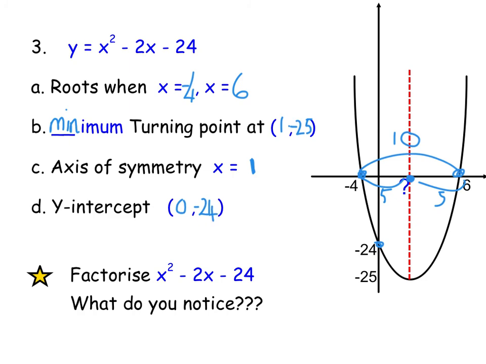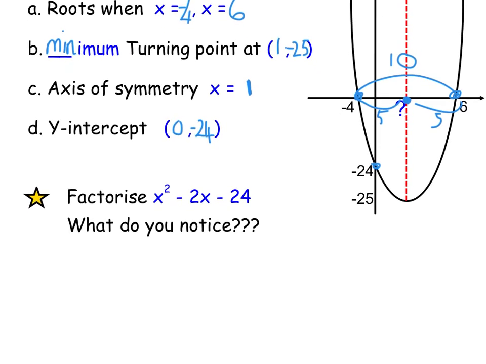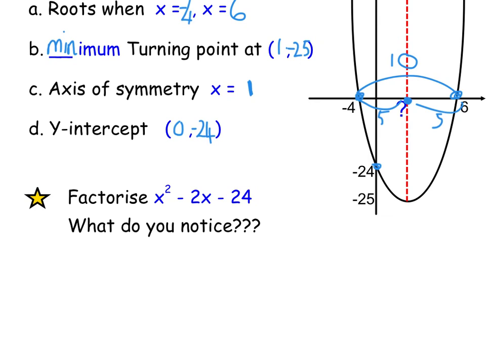Now one last wee bit I've added in here is I've asked us to factorise the equation. So this was the equation we were given at the beginning. Now if you factorise this into 2 brackets, numbers that multiply to 24 are 6 and 4. To get negative 2, it's going to be positive 4, take away 6. Now, just have a wee look for me just now.